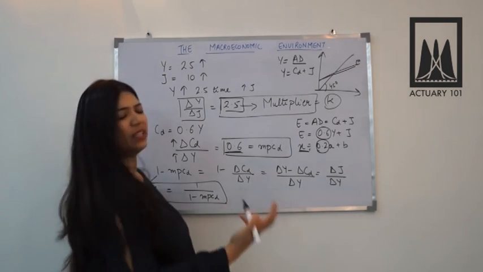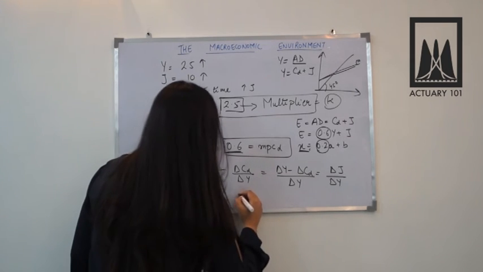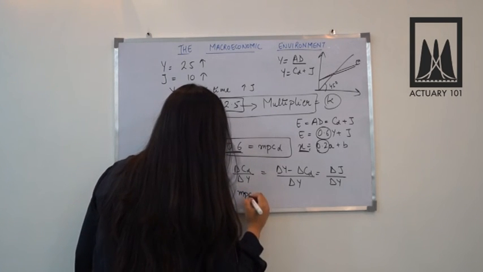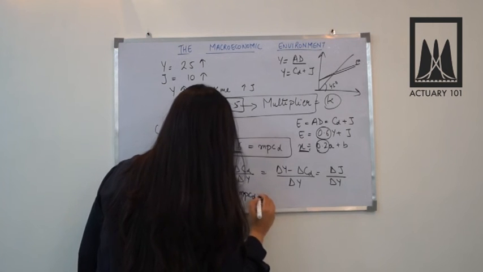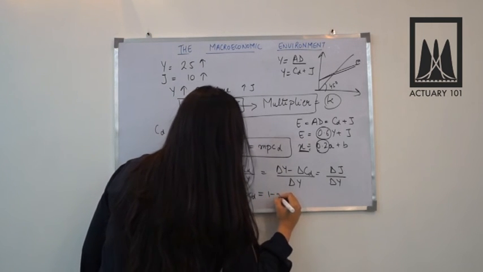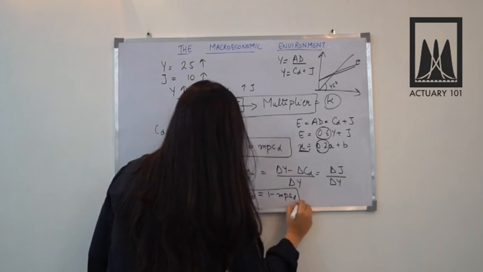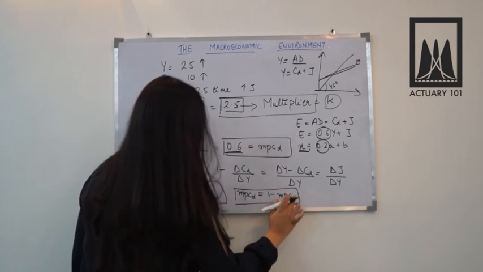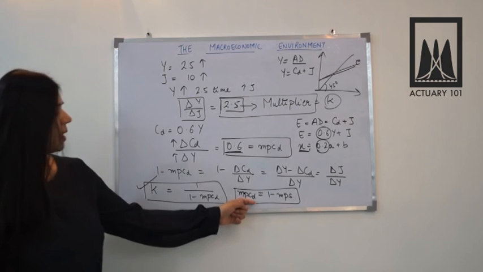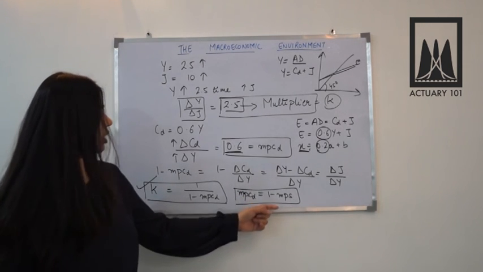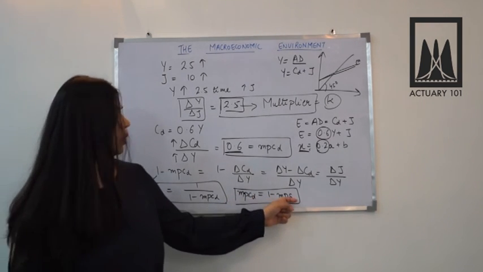If you assume only these two scenarios, then we can say that MPCD is equal to 1 minus MPS, the marginal propensity to save.